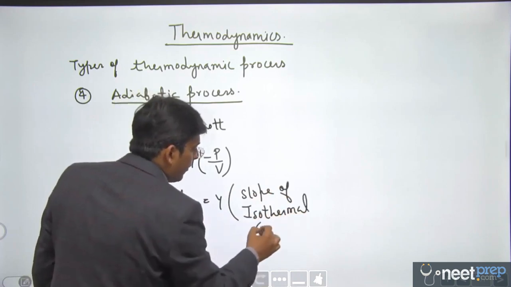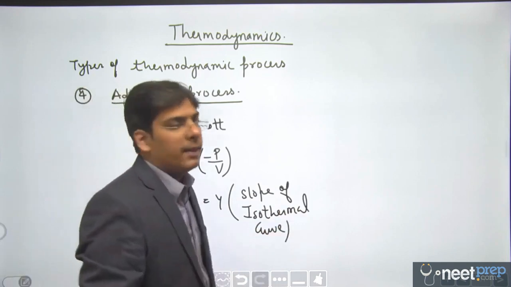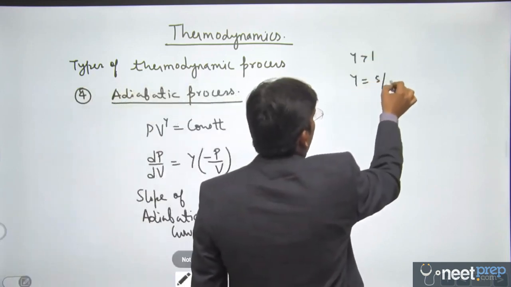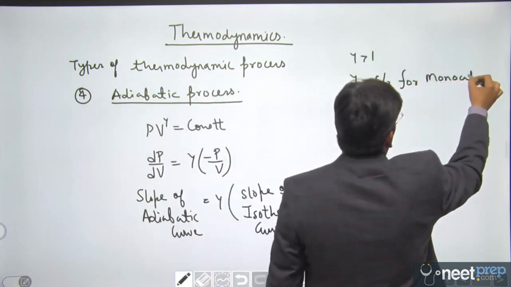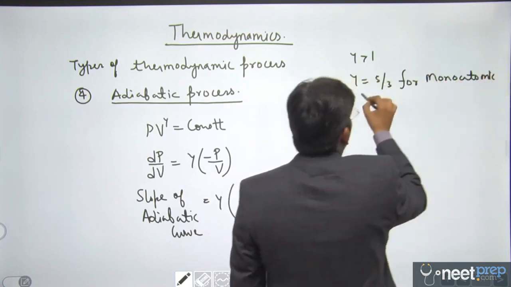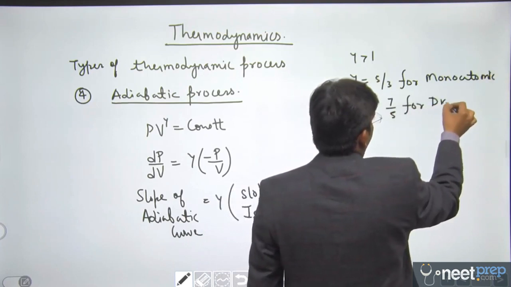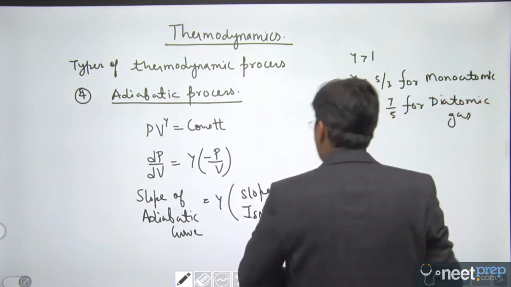So when you have to identify the isothermal and adiabatic curve, we know that the value of gamma is greater than 1. Gamma is equal to 5 by 3 for a monoatomic gas, and gamma is equal to 7 by 5 for a diatomic gas. So we know that gamma is greater than 1.